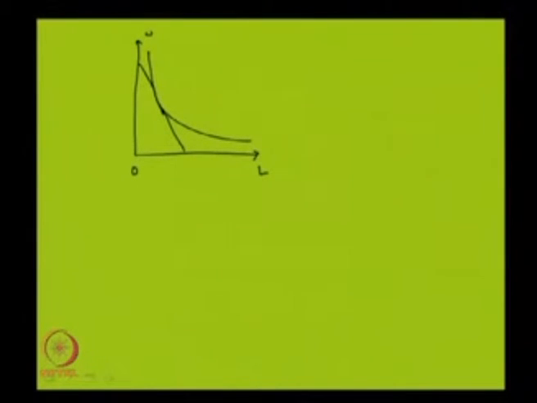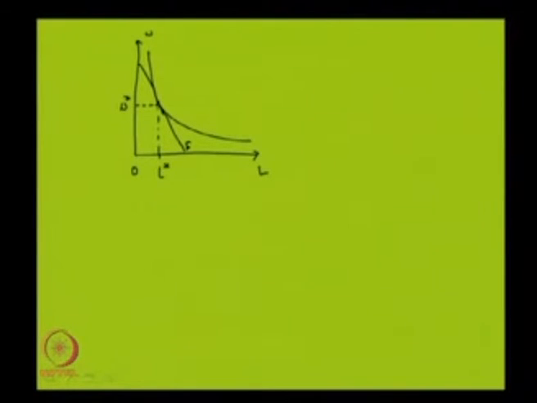Suppose this is the F function, and this is the tangency point. It does not look like the tangency point, but suppose this is the tangency point. So, therefore, since this is the tangency point, this is W star, this is L star, this is the equilibrium. If on the same diagram I want to superimpose the isoprofit curves of the firm, then how will it look?